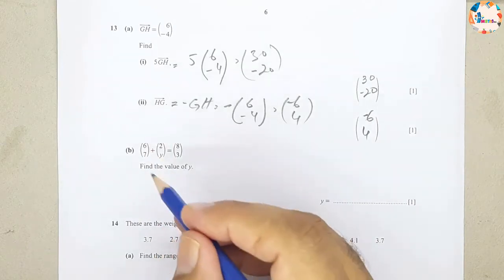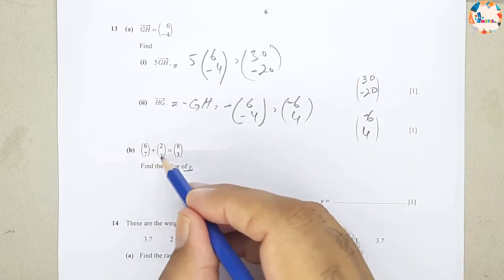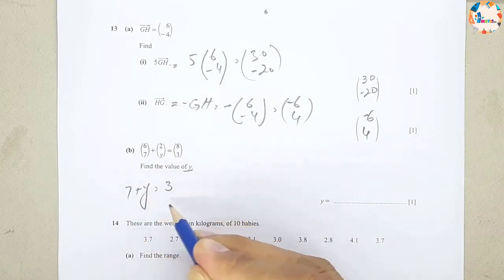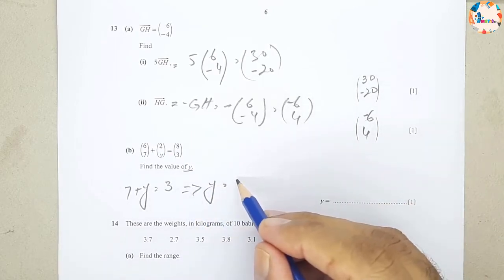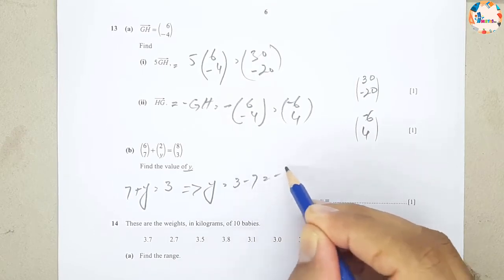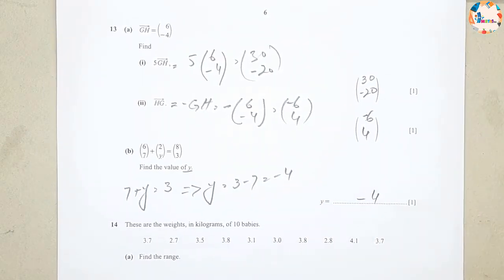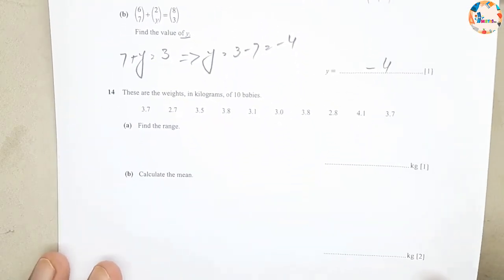Then we have to find the value of y in B part. 6 plus 2 will be 8, 7 plus y. So 7 plus y will be equal to 3. This implies y will be equal to 3 minus 7, which is equal to minus 4. So y value will be minus 4. Question number 14. These are the weights in kilograms of 10 babies.